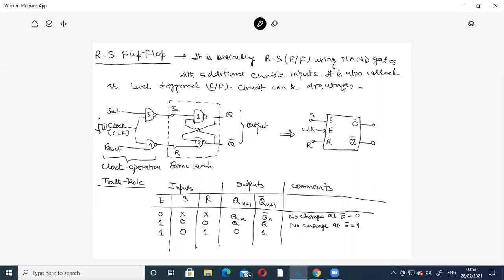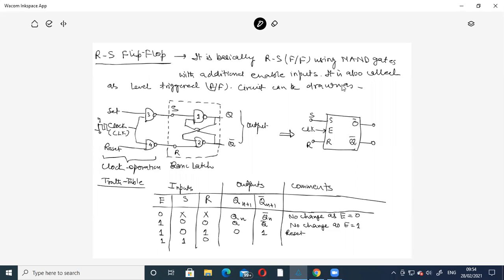So this R is 1, so it is called reset. Here S is 0, so it is 1, and then it is 0, so this value is 0, and this value is 1.